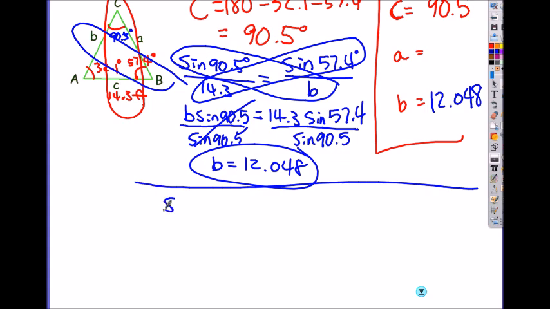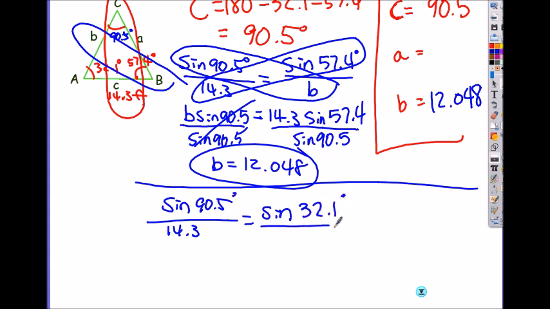So again, go back to sine of C over C. 14.3 equals sine of A, which is 32.1 degrees, over A. So cross multiply them.